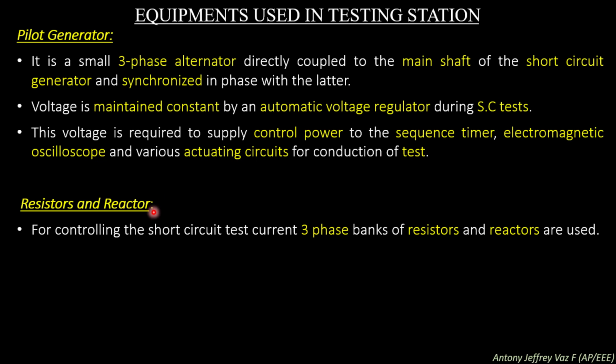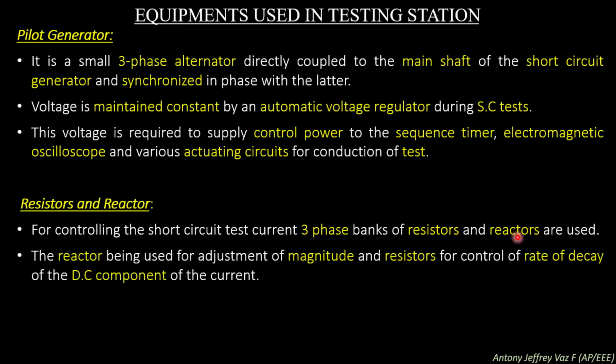Resistors and reactors. For controlling the short circuit test current, three-phase banks of resistors and reactors are used. So, to control the short circuit current, three-phase resistor and reactor banks are present. The reactors are used for adjustment of magnitude and resistors for control of rate of decay of the DC component of the current.